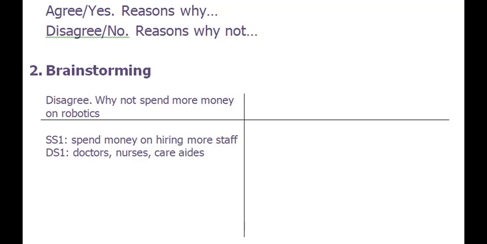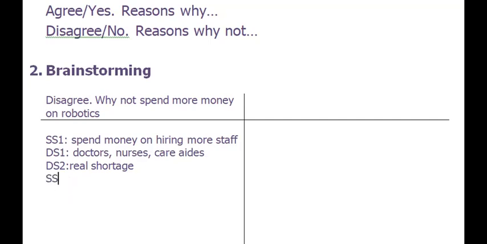And for your developing sentence 2, you could focus on why, because there is a real shortage in the hospital of these professionals. Okay? And when you brainstorm, just quickly in keywords, so that when you write the letter, it's going to be easier to just refer to the keyword, and for each of these points, you're going to make a sentence.